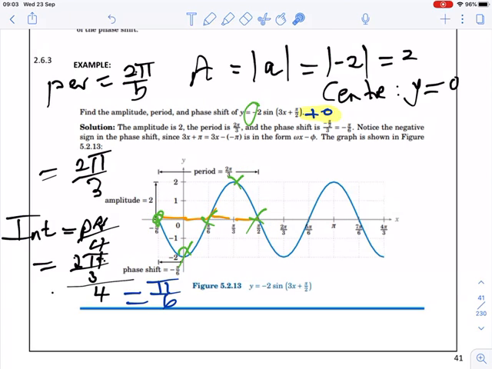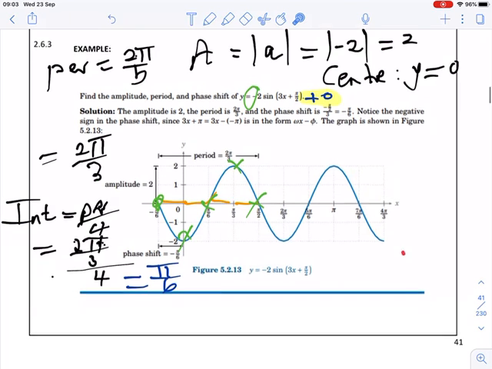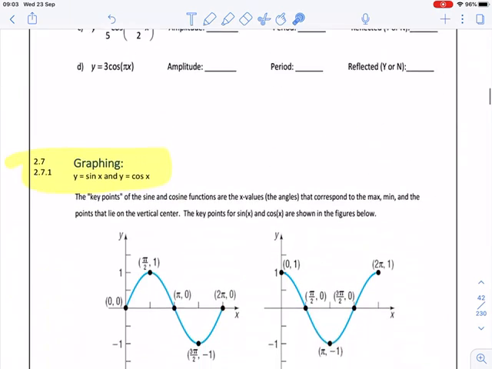So the sine graph always starts at the central position, and if it's a positive sign, we will go to the top. If it's a negative sign, we will go to the bottom and then repeat per interval. So center, bottom, center, top, center, bottom, center, top, etc., depending on how far we want to go.